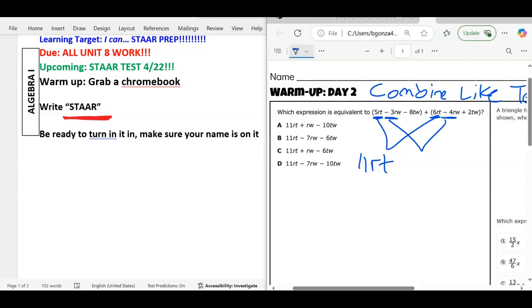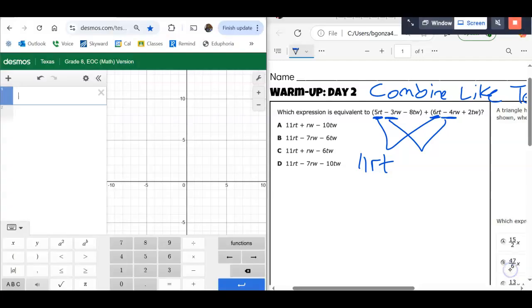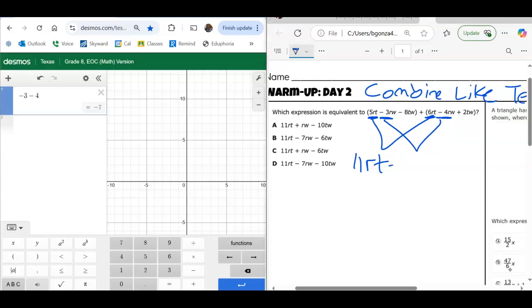It's not 1. It's not negative 1. I highly suggest, if you don't know how to do this, use your tool here. Negative 3 minus 4 is negative 7, right? So minus 7 RW, which eliminates this one and this one.